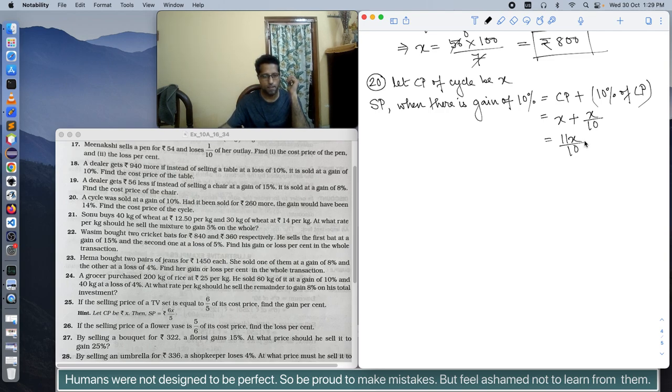Okay. Now, had it been sold for rupees 260 more, the gain would have been 14%. Had it been sold for rupees 260 more.